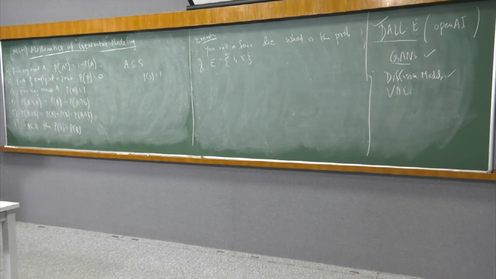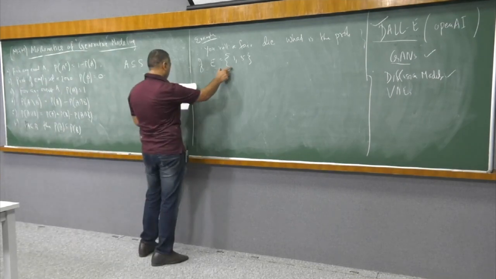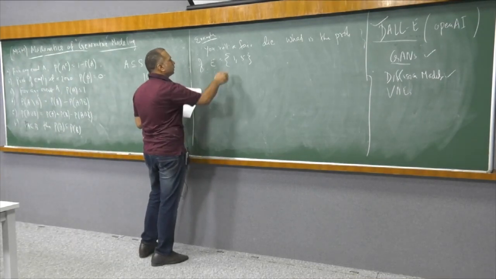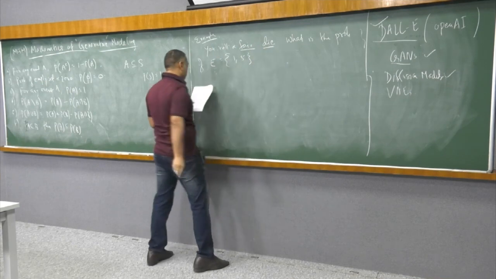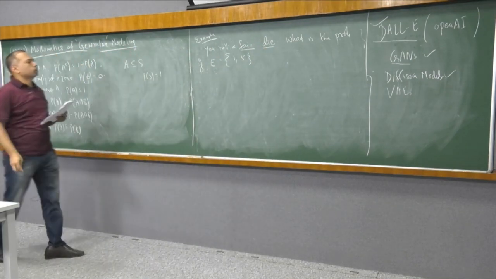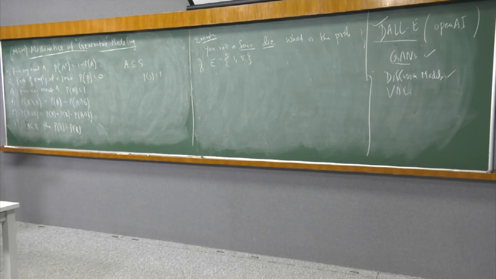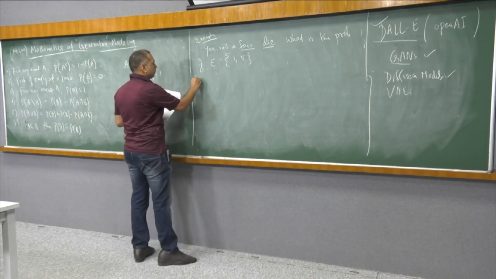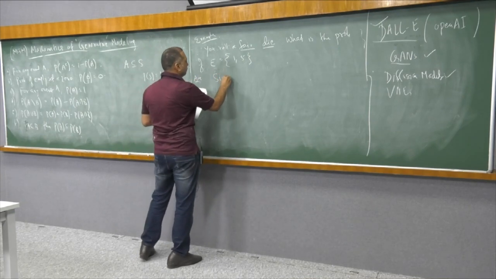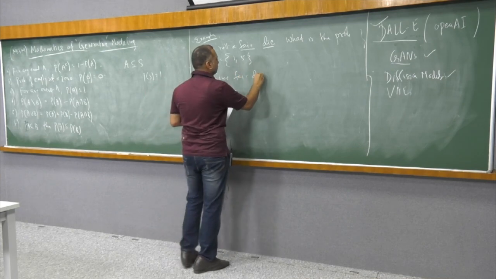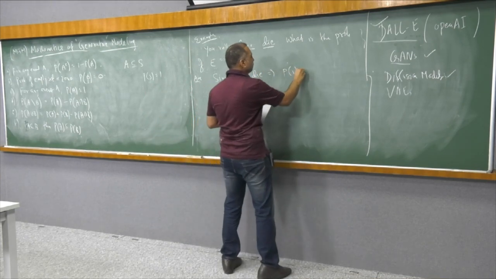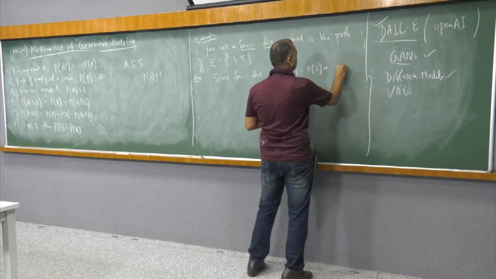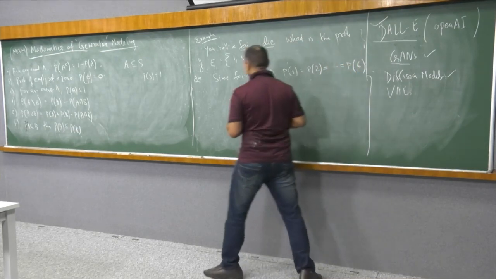So the probability in this case: it's a fair die, so it's an unbiased die, and the probability of each of these outcomes will be equal. Since it's a fair die, probability of 1, probability of 2, up to probability of 6 are all equal.